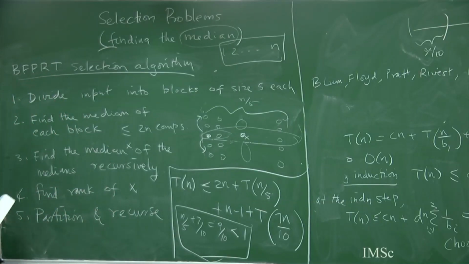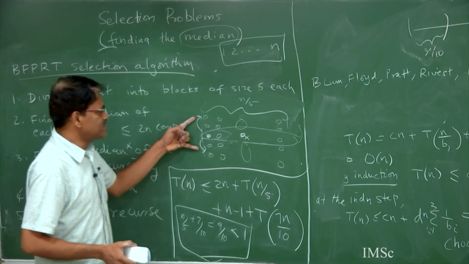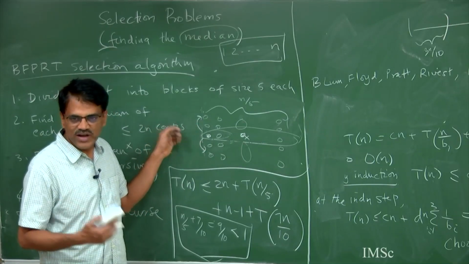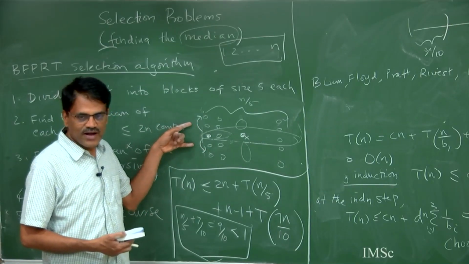So, a natural exercise you should try is: what if I divide these into blocks of size 3? I mean, you need an odd number so that the median is well defined.